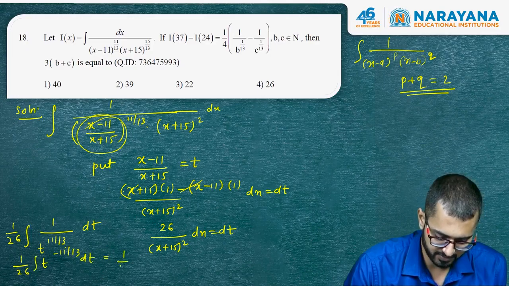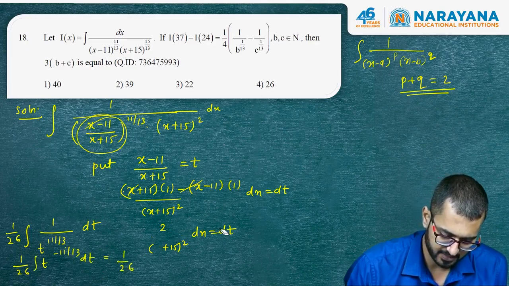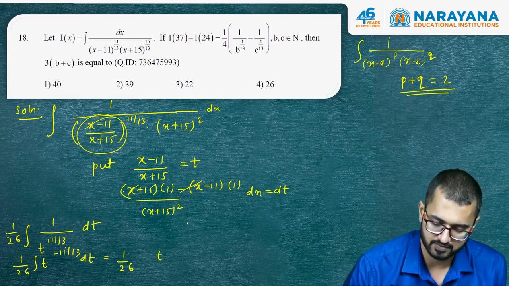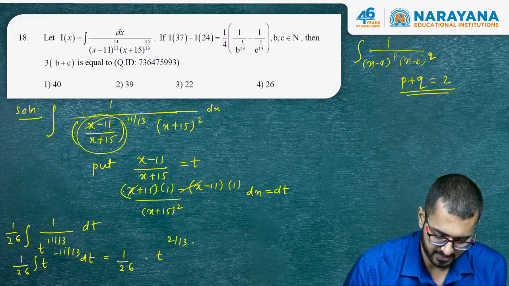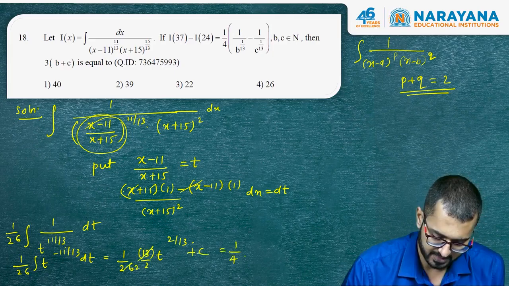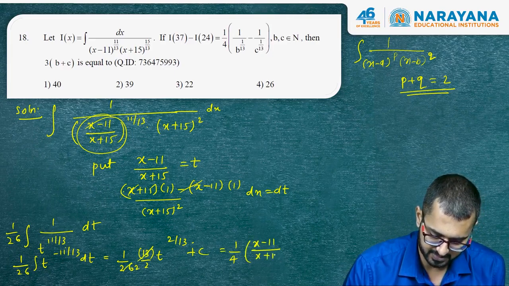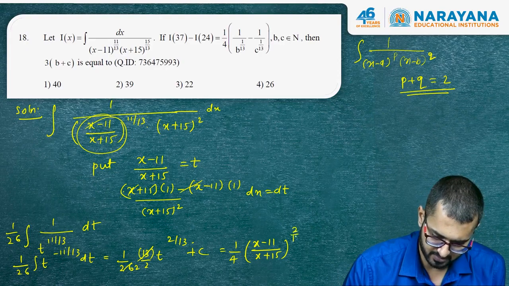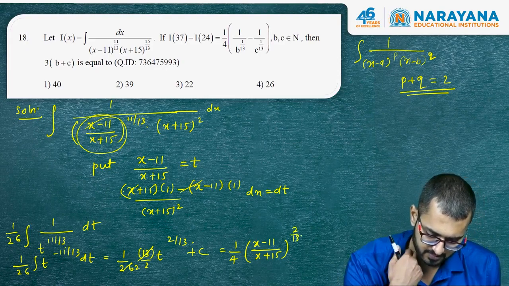This integration would give me 1 by 26 here, and then t to the power minus 11 by 13 plus 1, which will give me 2 by 13, and here also 2 by 13, plus c. So yes, this gets cancelled, we get here 1 by 4, and then t happens to be (x minus 11) over (x plus 15) to the power 2 by 13. So this is our I of x.